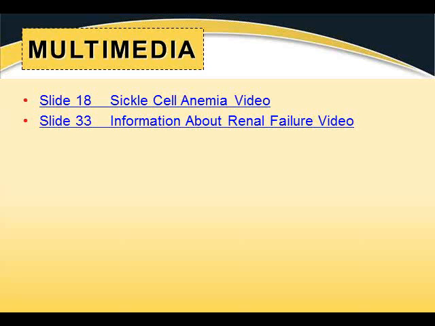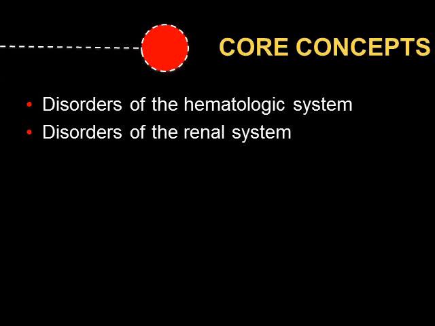A couple of multimedia videos for you to watch about sickle cell anemia, and then some information about renal failure. And our core concepts that we're going to cover are disorders of the hematologic system, or the blood, and disorders of the renal system, or really the urinary system.